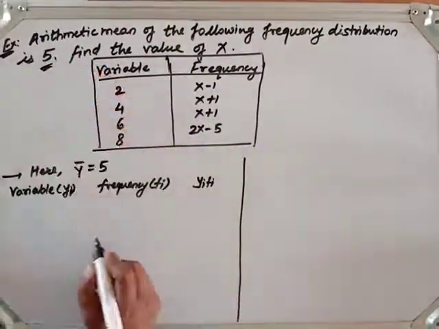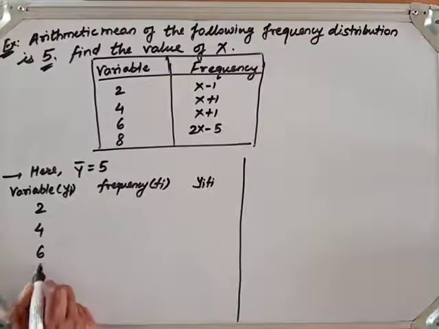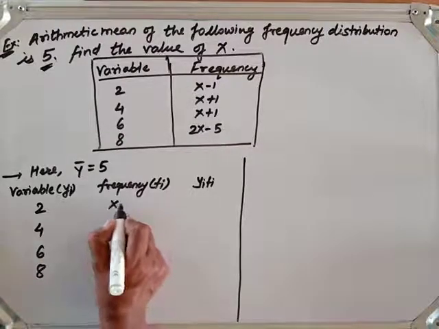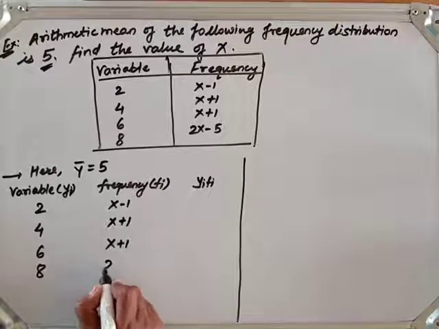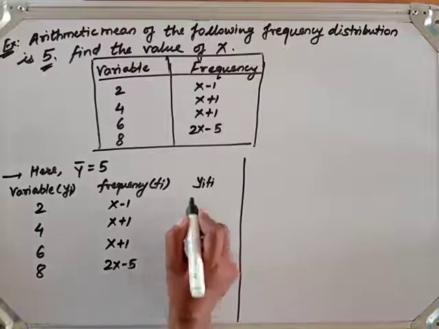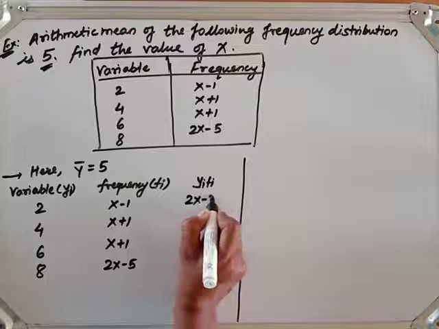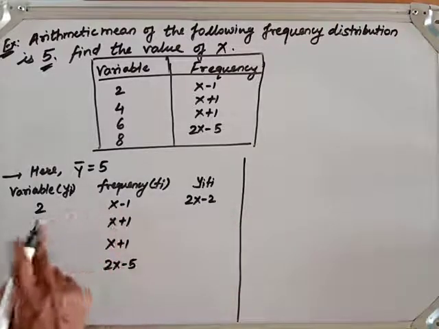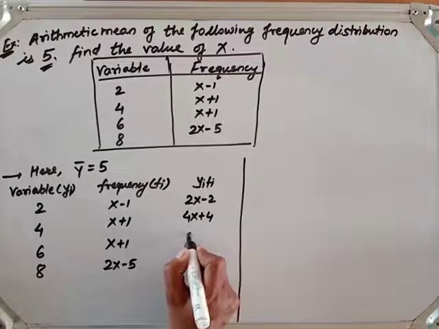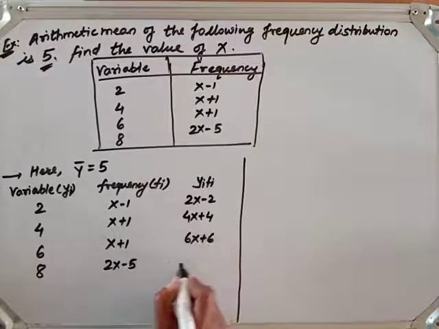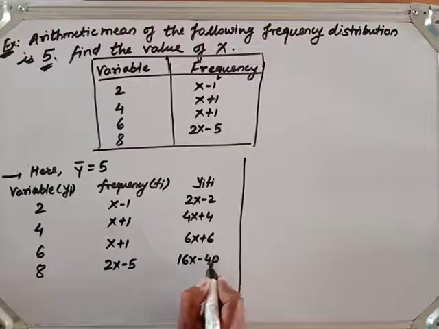The variable is 2, 4, 6 and 8, with corresponding frequencies x minus 1, x plus 1, x plus 1 and 2x minus 5. So yi into fi is 2x minus 2, 4x plus 4, 6x plus 6, and 16x minus 40.